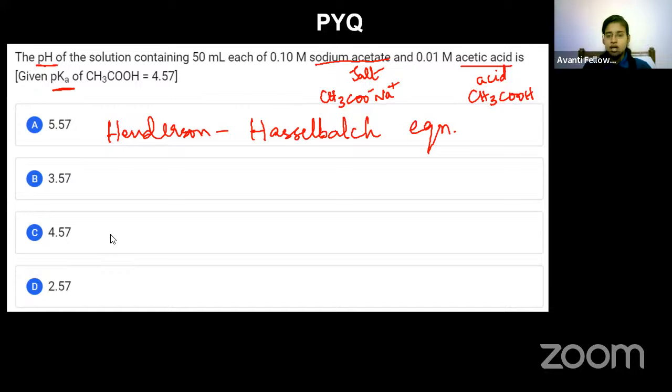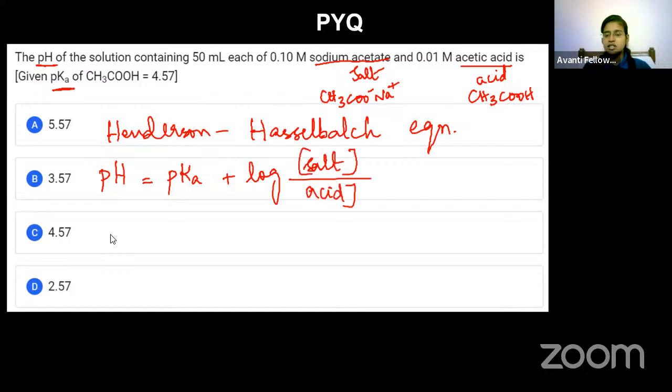According to this equation, the pH for salt and acid can be calculated using pKa plus log of concentration of salt divided by the concentration of acid. Do you guys remember this formula? Yes or no?